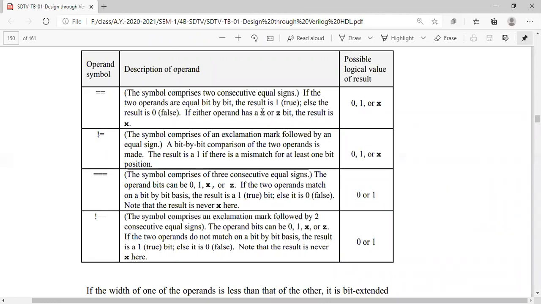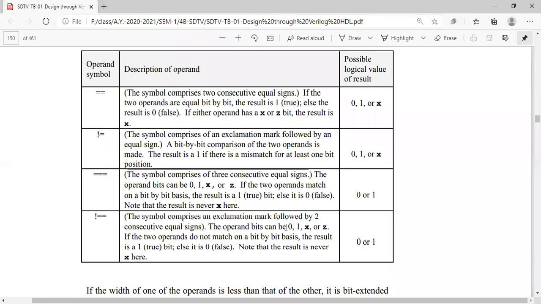So previously, if in operand A or operand B any bit is X or Z, we resulted in the corresponding bit in C as X. Now I am not going to give the value as X. Now I am comparing since I have used this symbol. Now you see the other symbol, not double equal, in the same fashion.